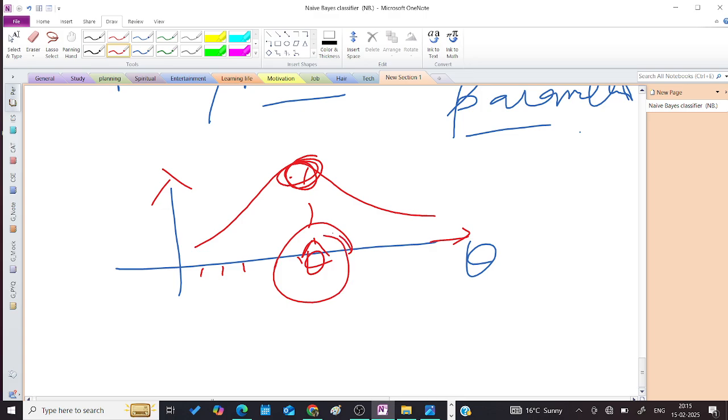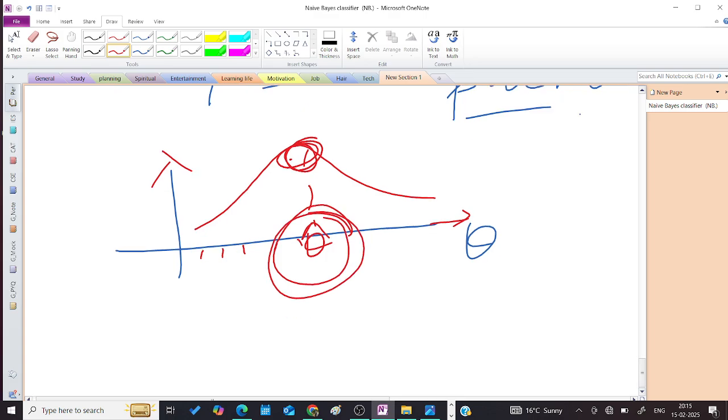So we want to find this theta hat. This is done by MLE or MAP, right?